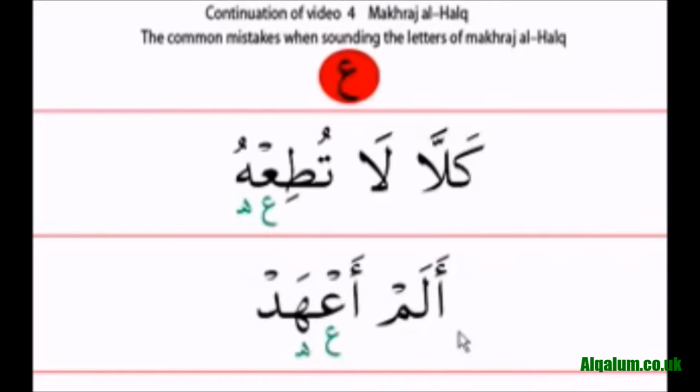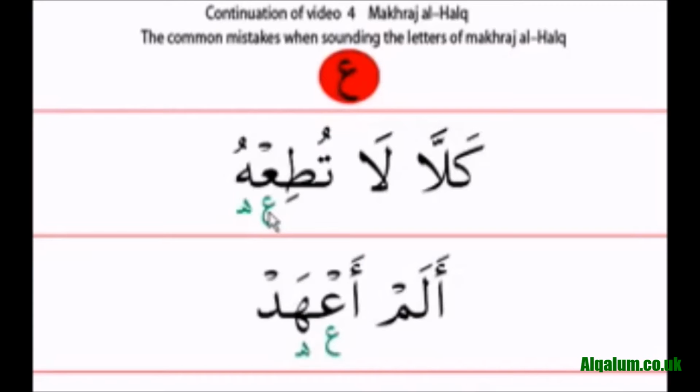So let's see in this last slide, have a look at this ayah. We see the ayn, and then next to it is the ha. Now the makharij of the ayn, actually it is in the middle of the throat. So we have the top, the bottom, the middle. When I say the top, it means the closest to the mouth, and that is called adna al-halq.